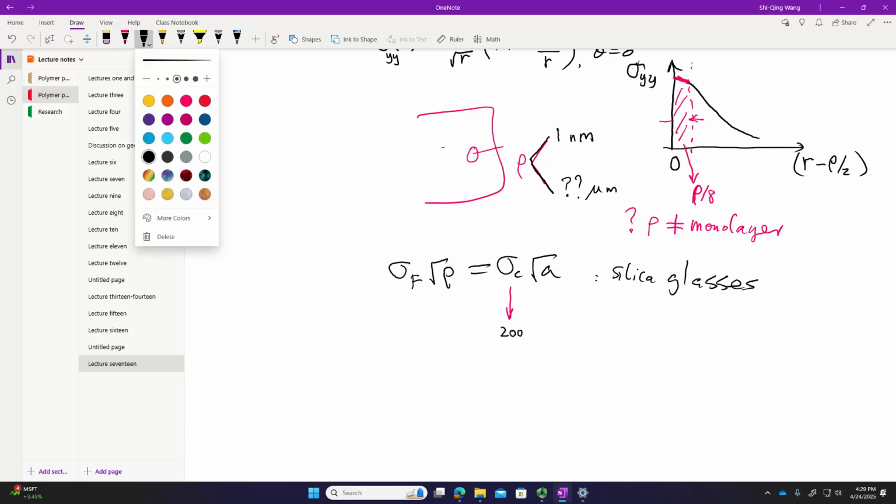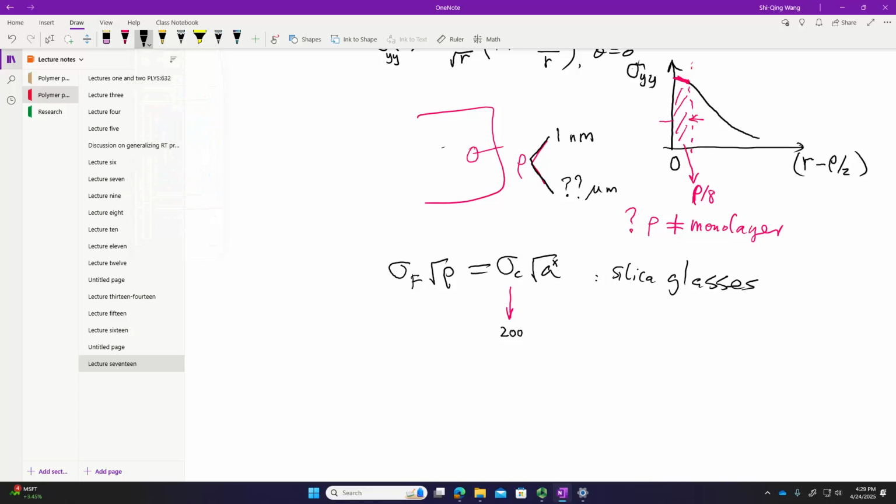We treat this glass as having flaws of size a, and then this sigma_C is now sigma_B, right? Because we're just perceiving there are some flaws of a, and we're trying to break it at nominal strength of sigma_B. We reserve that notation for it.